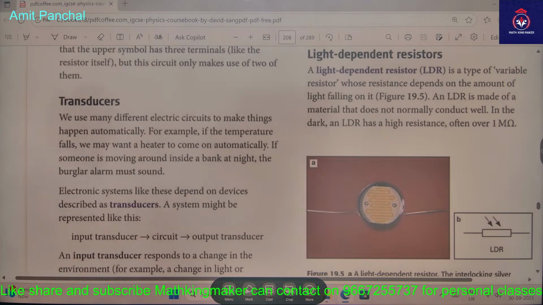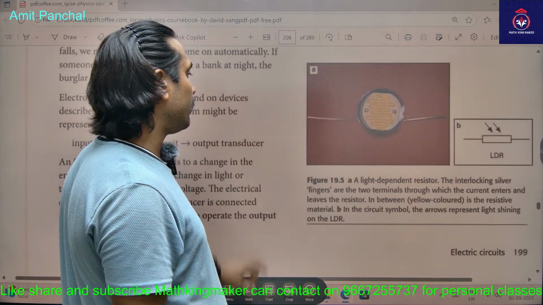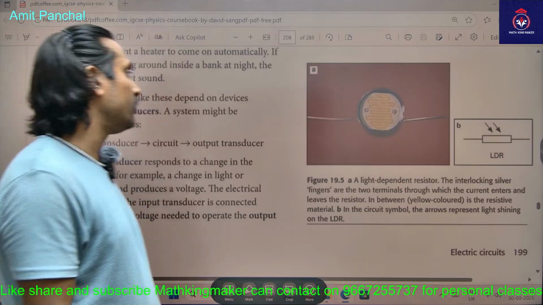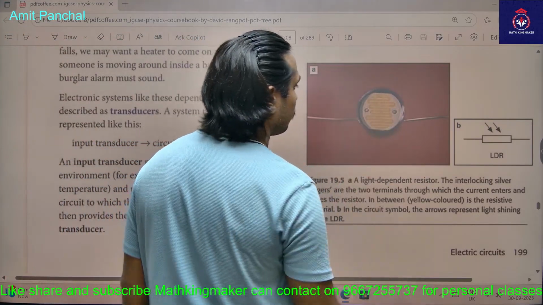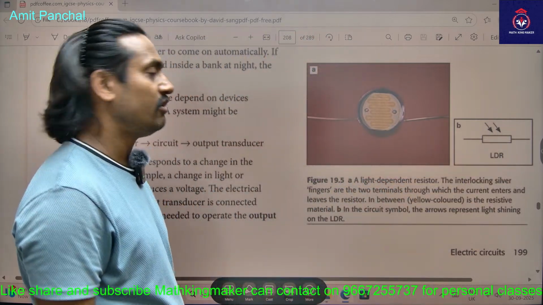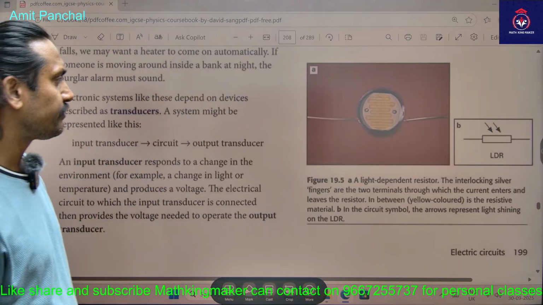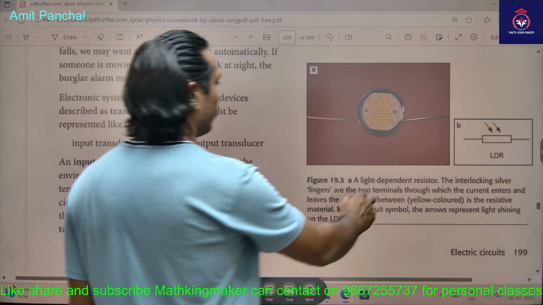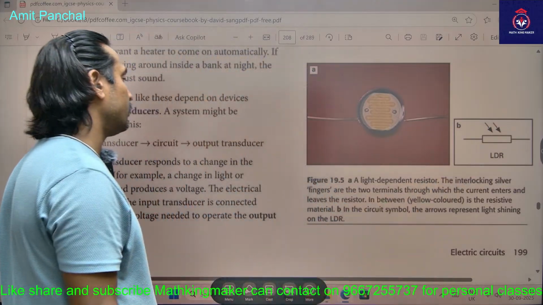In a light dependent resistor, the interlocking silver fingers are the two terminals through which the current enters and leaves the resistor. This is your light dependent resistor. Once there is light, it will operate, otherwise it will not operate.